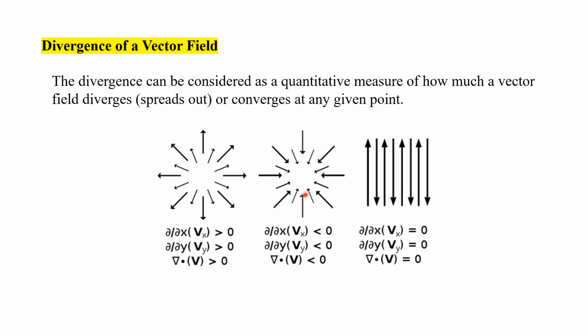This one is for when your divergence is negative, so it converges. And this is when your divergence is equal to 0. We will discuss fully the geometric definition of divergence and its physical meaning in the next lesson.